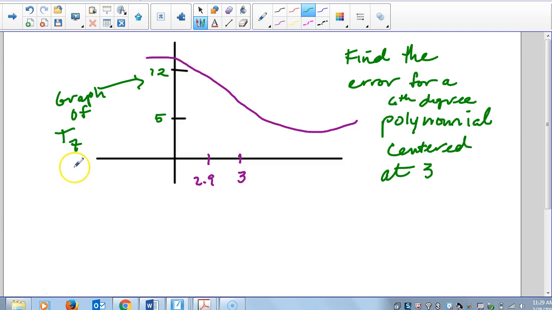So they may not say T7, they may say P7 of X, T7 of X.